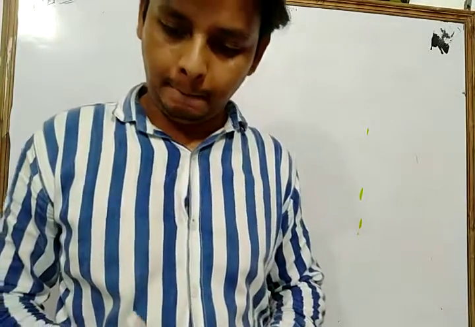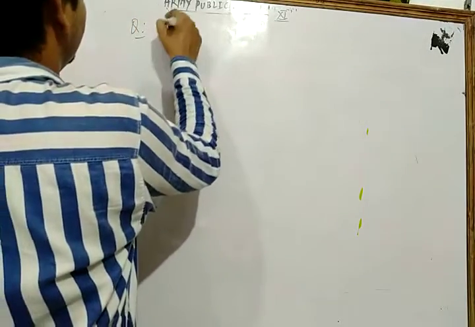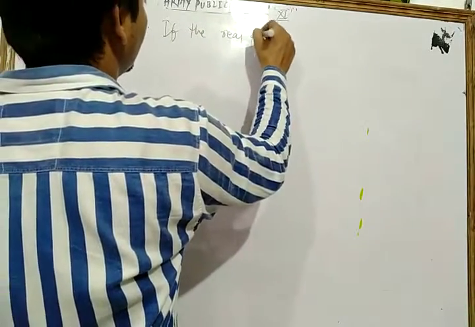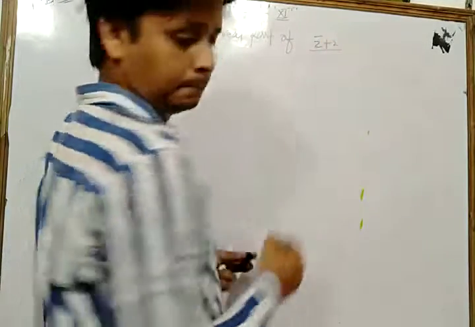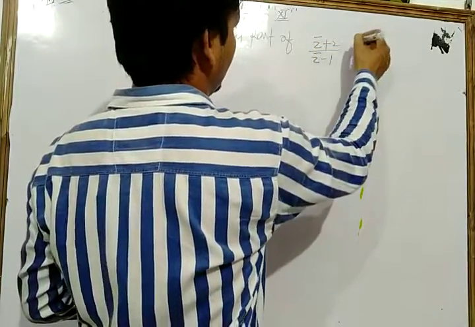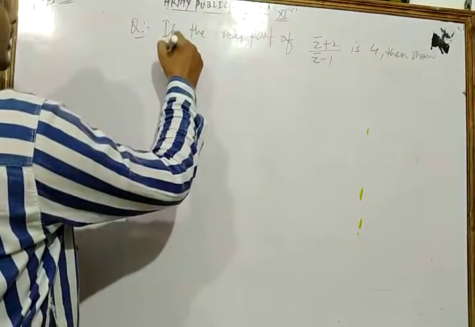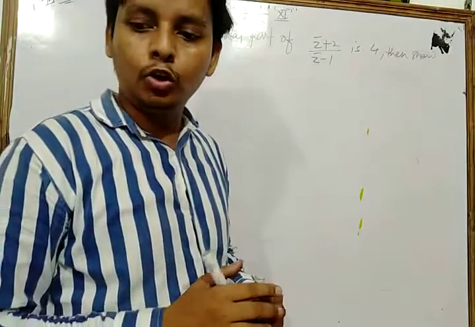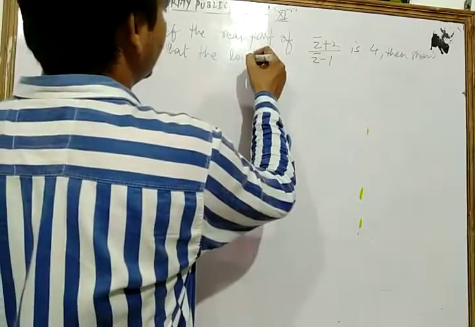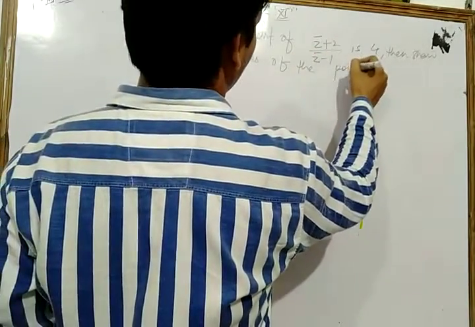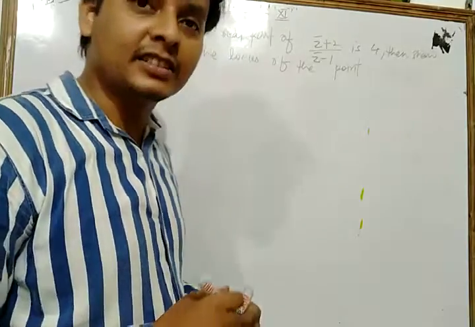If the real part of z bar plus 2 upon z bar minus 1 is 4, then show that the locus of the point representing z in the complex plane is a circle.